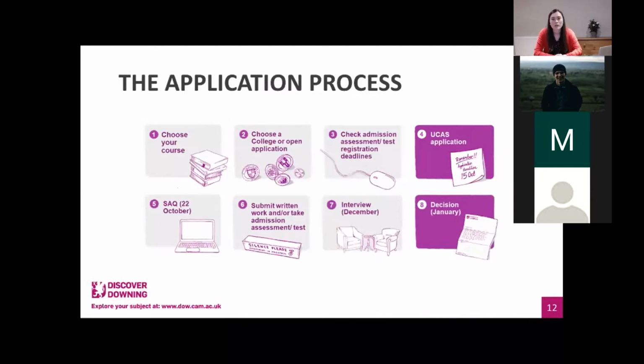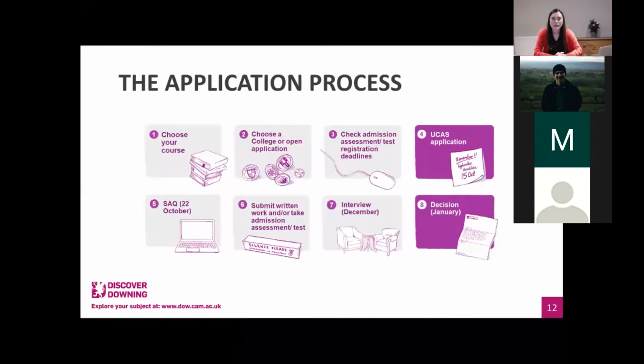So you need to double check those factors, but as long as they do your course and none of those factors are taken into account, then you can apply to any of the other colleges. If you're still unsure which one you'd like to apply to, you can also make an open application and you'll be randomly allocated to a college.